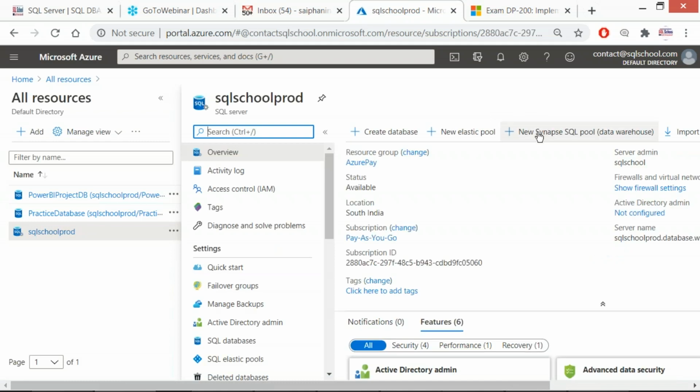Here it is, Synapse SQL pool or the data warehouse. It is inside SQL Server, sitting beside an SQL database. An SQL database and Synapse always sit side by side.